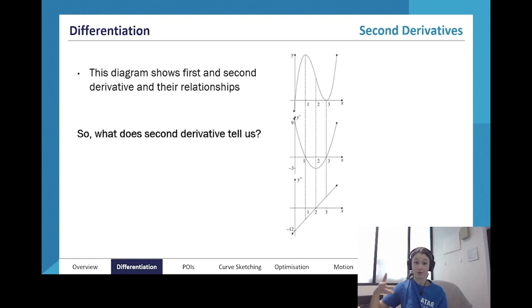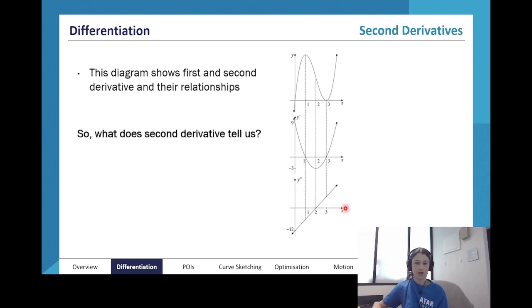And if I'm going too fast, you can absolutely pause the recording. As you can see, we have our diagram here. This curve here is the original curve, y. This curve underneath is the derivative, y dash. And this third curve here is the second derivative.